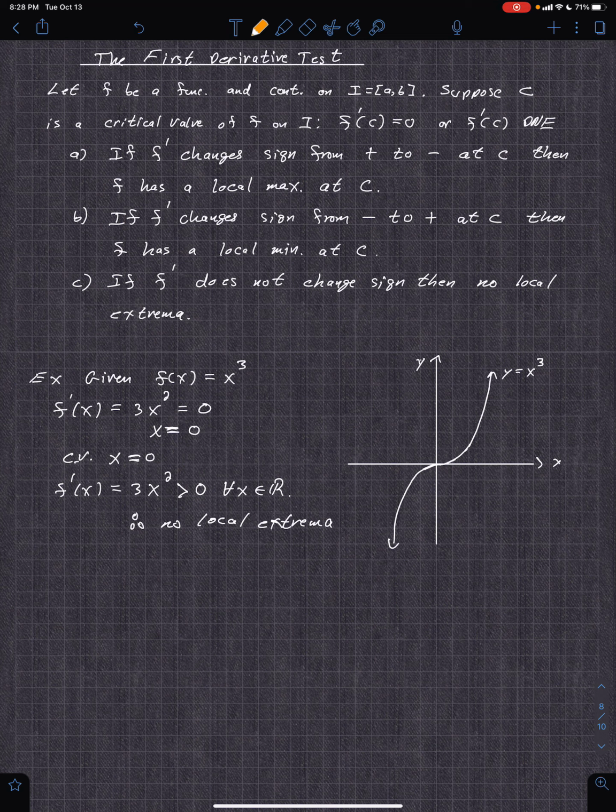But just for future reference, what is happening at 0? Basically, what does f prime of 0 tell us? Well, it tells us that there's a horizontal tangent, or that the slope right at 0 is 0. So it's not really like a tangent line, but right at 0, we get a slope that's 0. But it doesn't, of course, change sign. Okay, but the graph does look different, right?